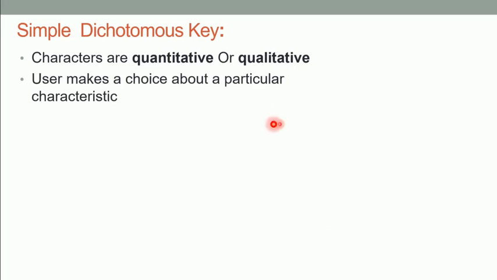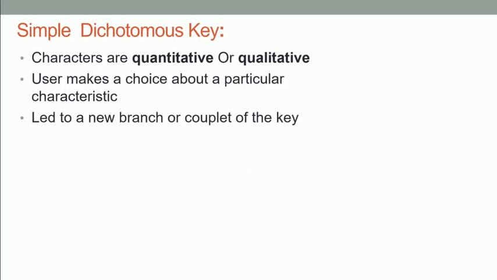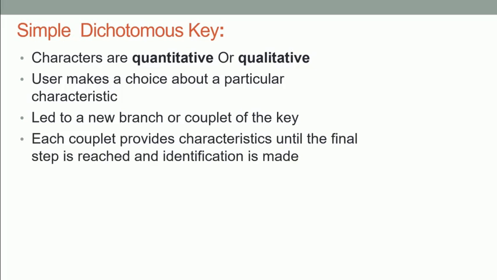So once you identify a particular character, you are redirected to the next couplet. Each couplet provides characteristics that become progressively more specific, until the final step is reached where you have identified that particular organism. So you are going to follow those couplets until you identify that particular organism.